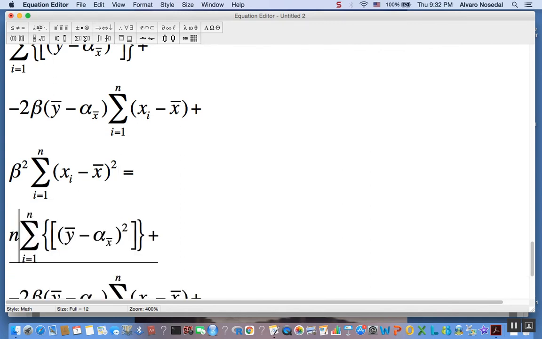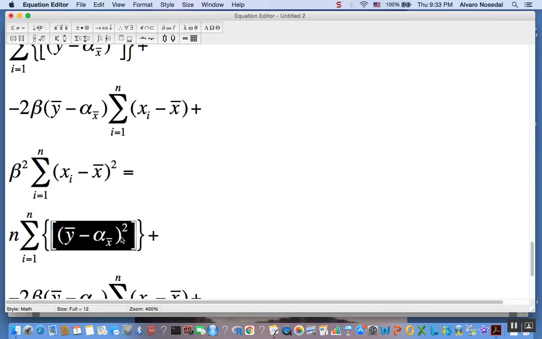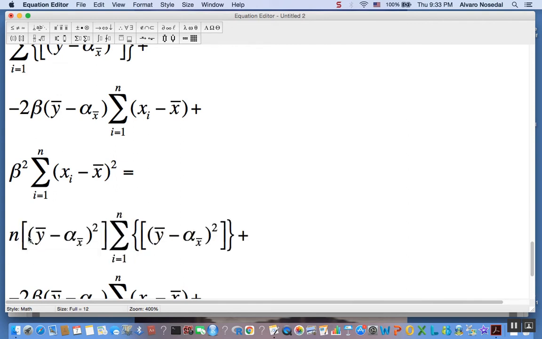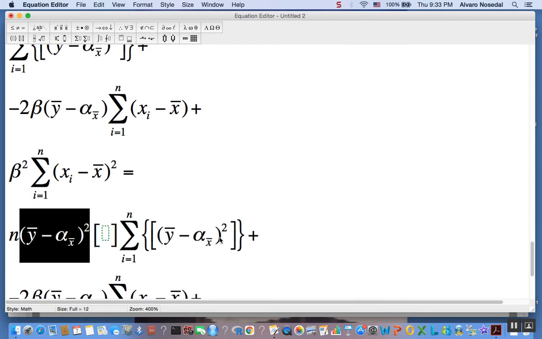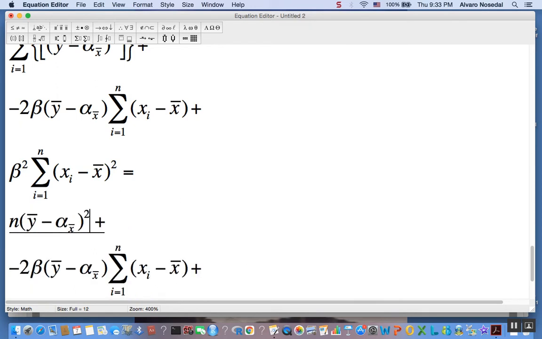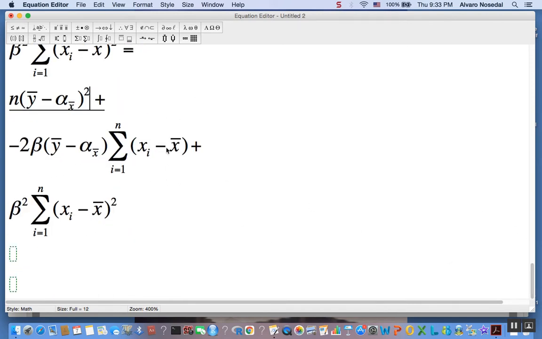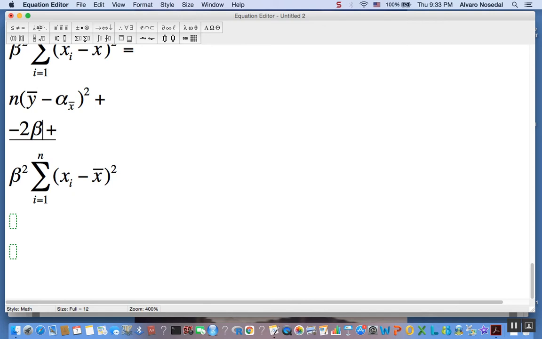So this is just n times this guy. Now, summation of xi's minus x bar, that's going to be 0. So let's get rid of it. And that's it, right?